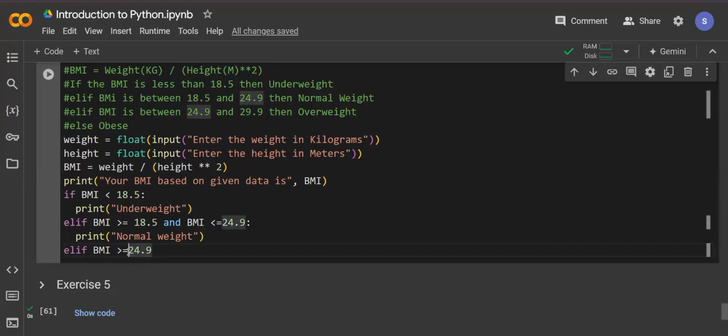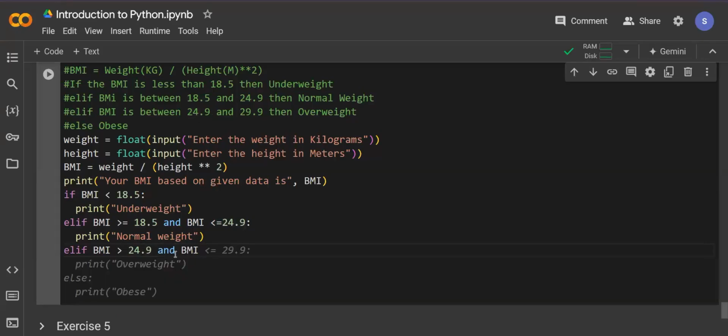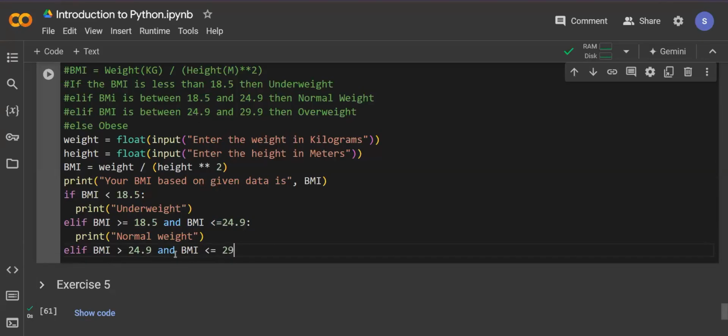So this is greater than, and this is less than or equal to 29.9.